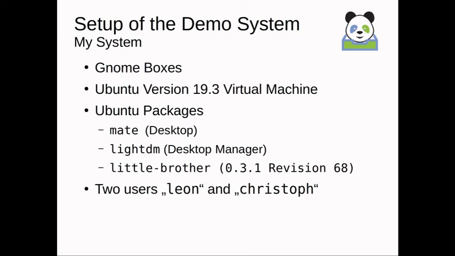There is my first YouTube video on installing Little Brother, so if you haven't done so, I would recommend you to look at that first before you continue here. Also, there are two users that are monitored, Leon and Christoph. We'll use Leon today for the purpose.